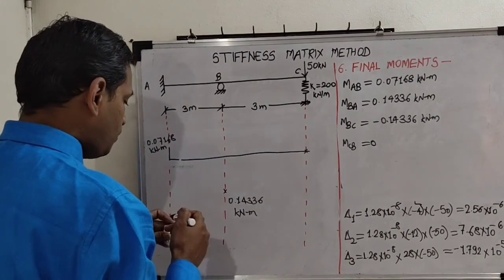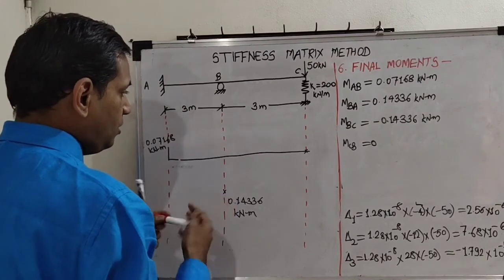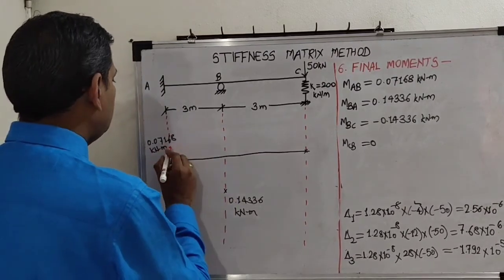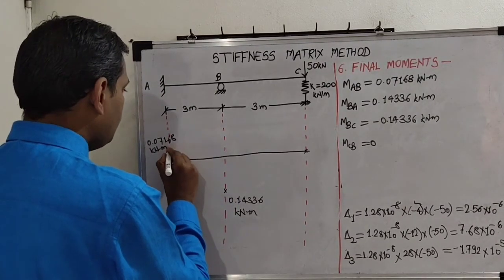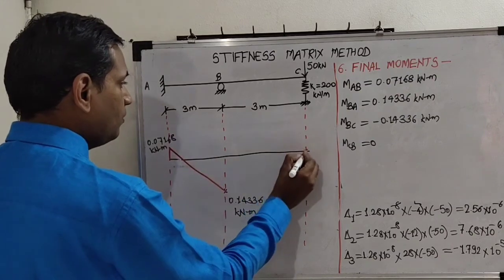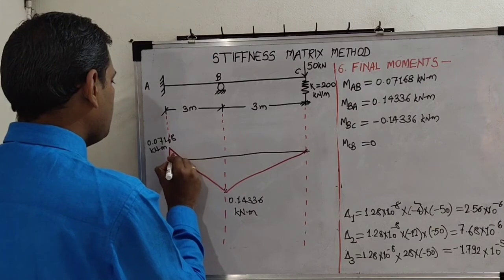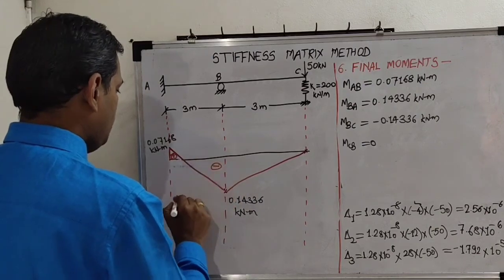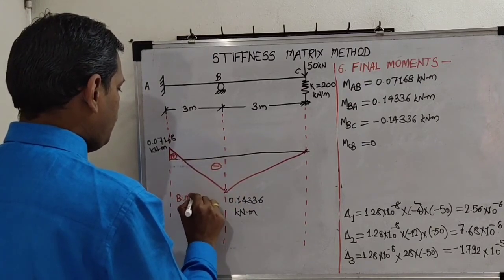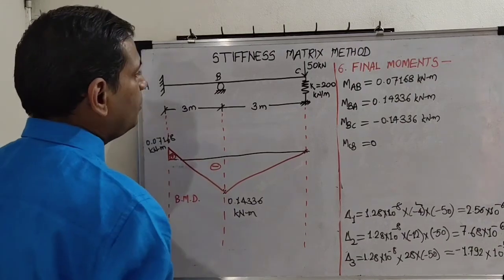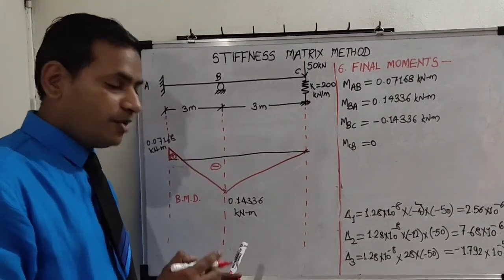So just these 3 points are there that are to be joined. So let us join them. So this is plus, this is minus, over. Our bending moment diagram is over. So this completes our problem.